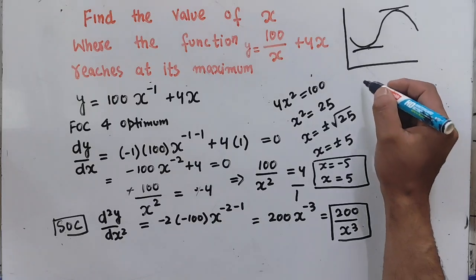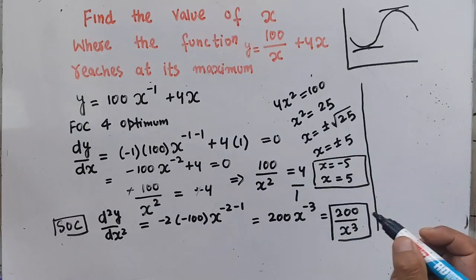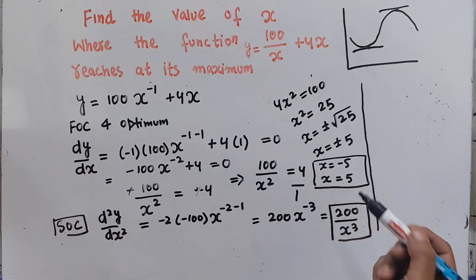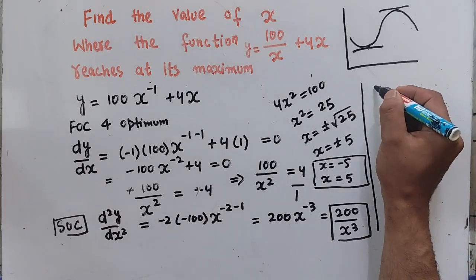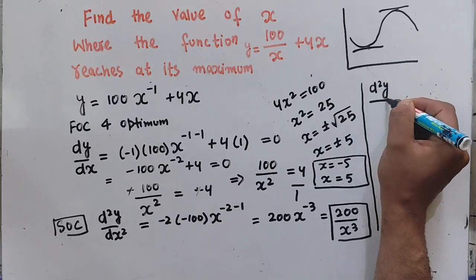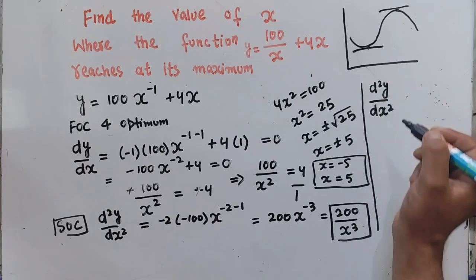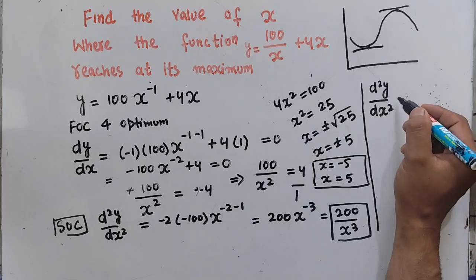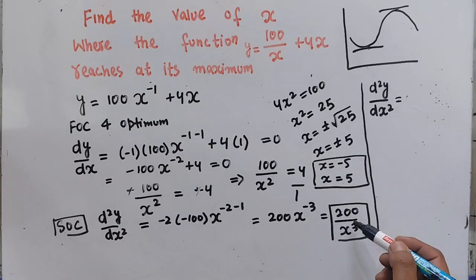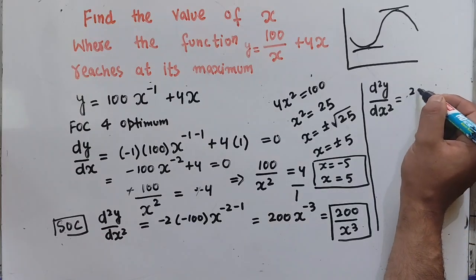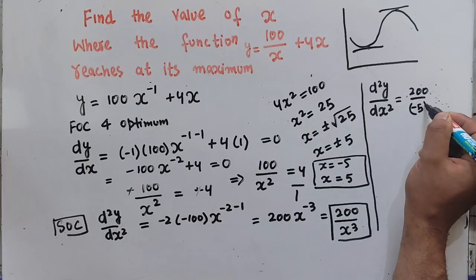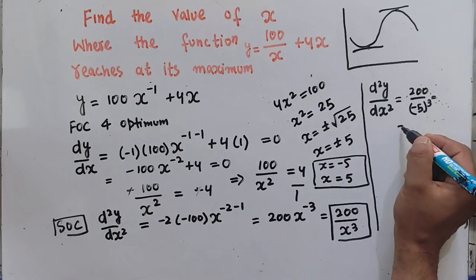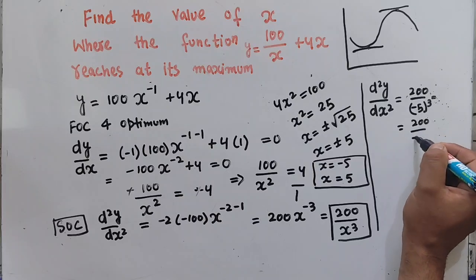Now we need to plug the critical values, x is equal to 5 and x is equal to -5, into the second derivative. Let's evaluate the second derivative at x is equal to -5. That means plugging the value of x is equal to -5 in this equation. So what will we get? We have 200 divided by -5 cube, which will be equal to 200 divided by -125.